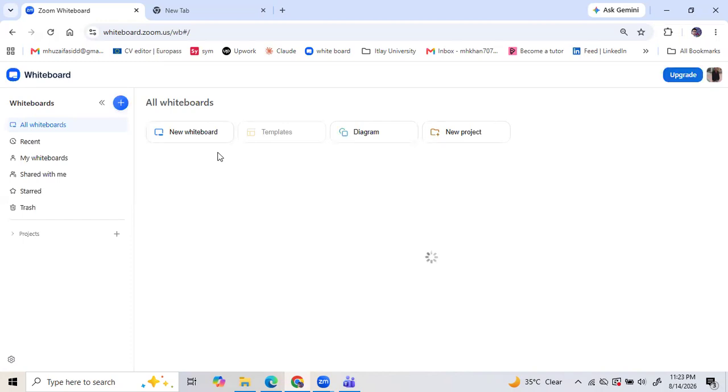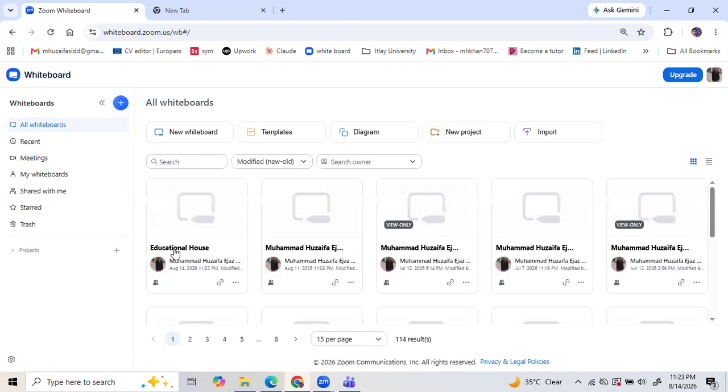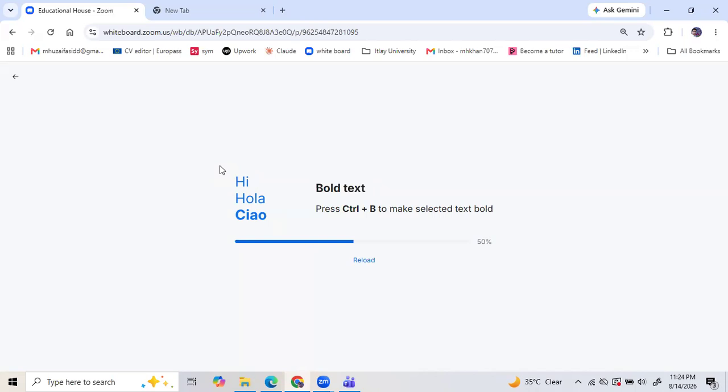That's why I dropped the meeting. Can you see my screen? Okay. Yes. It's just loading.